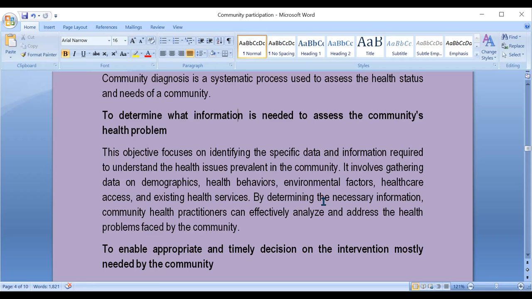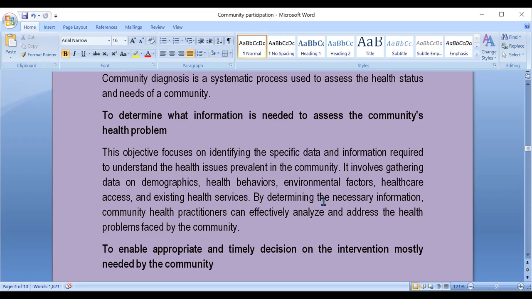By determining the necessary information, community health practitioners can effectively analyze and address the health problems faced by the community. It is your responsibility as a community health practitioner to analyze and address the problem faced by the community.